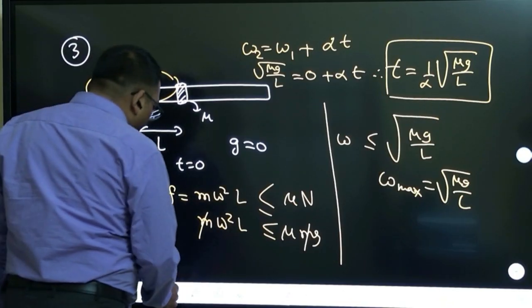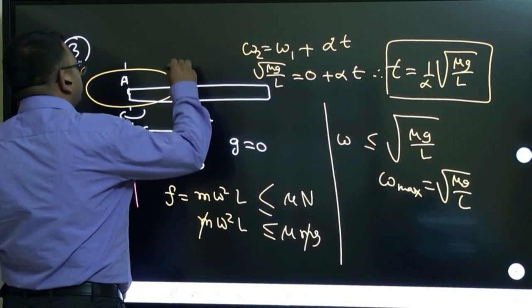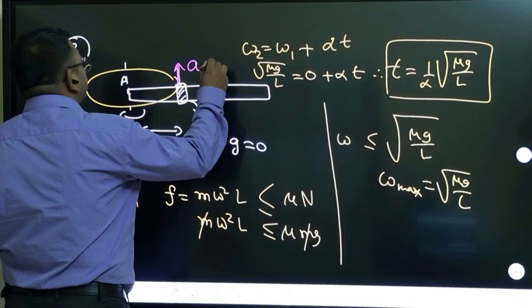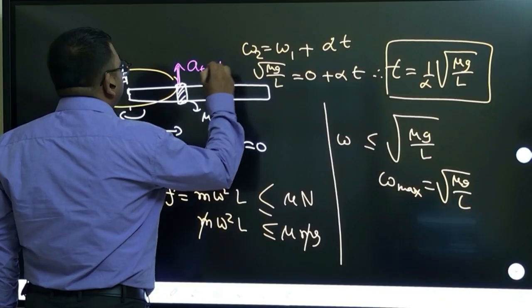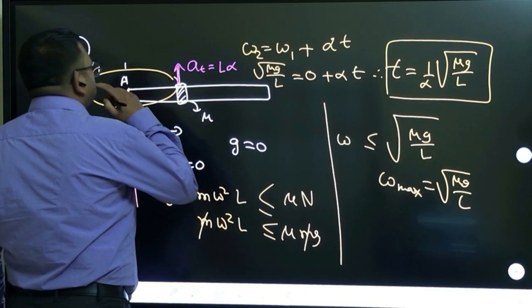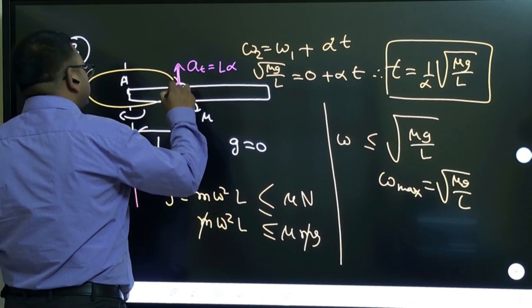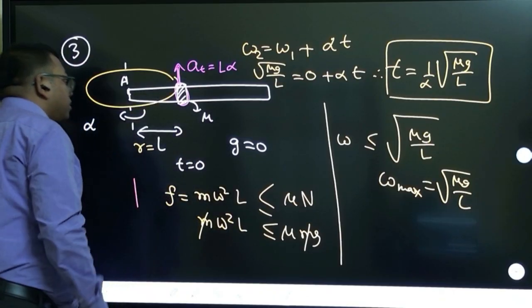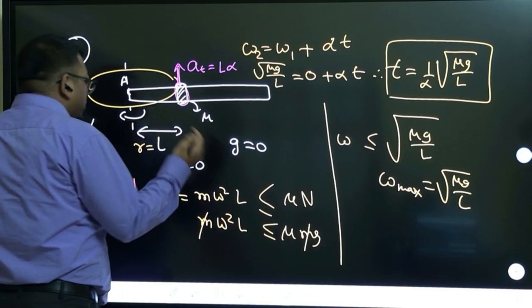One thing is also important: there may also be tangential acceleration. Tangential acceleration is r into alpha, radius is L, so L alpha. Because of tangential acceleration, there will be a tangential force. Can this tangential force give a normal? It might be possible, because there is no gravity.